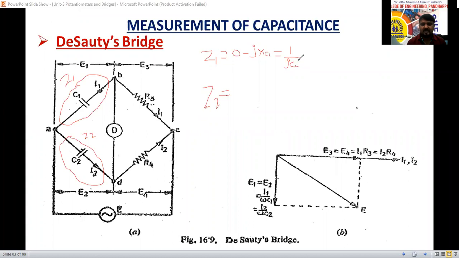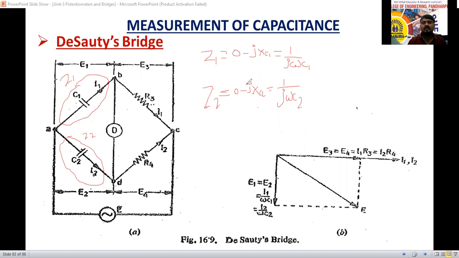Very good. That is 1 by j omega C1 here. Next, roll number 12. Very good, roll number 10, have grabbed the knowledge. Roll number 12: 0 minus jXC2 is equal to 1 upon j omega C2. Very good.